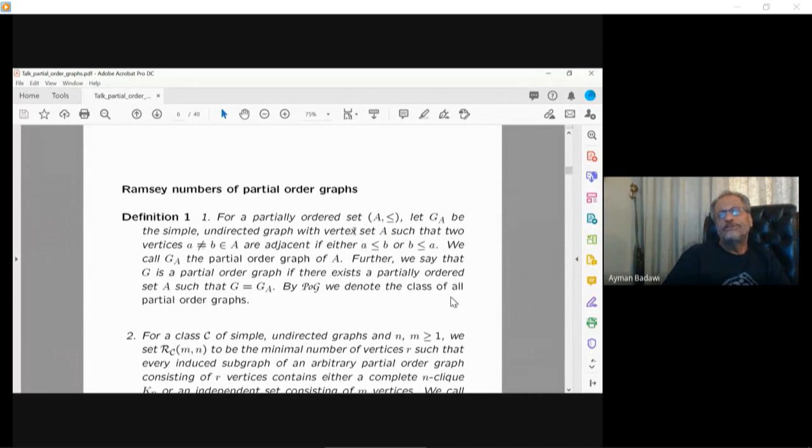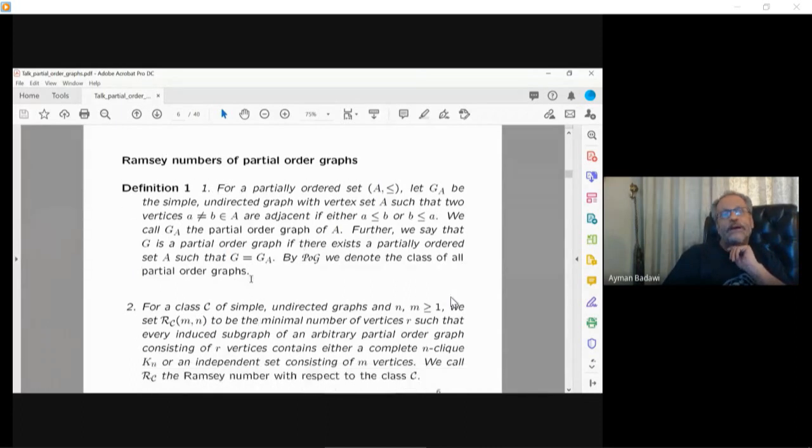How do I connect two distinct vertices? I connect them if either A less or equal to B or B less or equal to A. This is how we connect the graph.